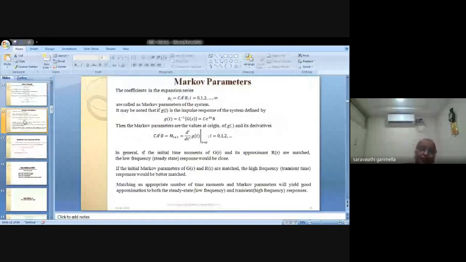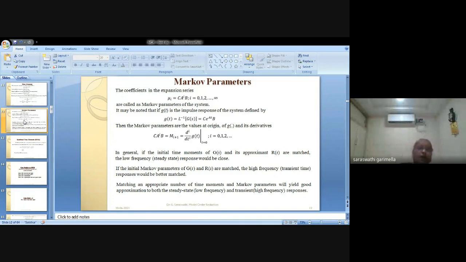You may be feeling madam is telling all mathematical equations, because here time moments and Markov parameters have to be calculated, since you want to match the whole time response as much as you can with the reduced model. So initial time moments and initial Markov parameters will be considered for the reduction method. But I want to say one condition is there.